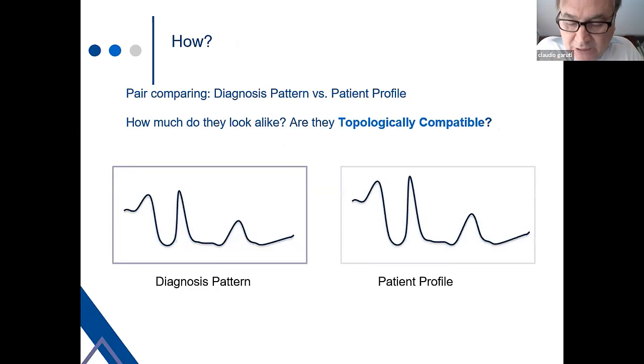How did we do this? Well, as Tom Saaty said, if you want to measure, pair compare. And we do that just by comparing diagnosis patterns versus patient profile, as you can see in this square down here. The question is, how much do they look alike? Are they topologically compatible?